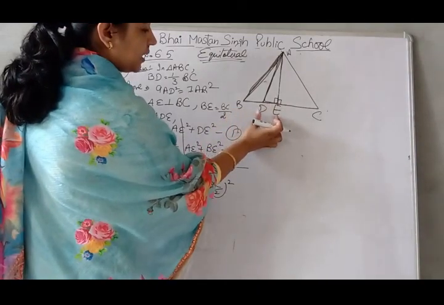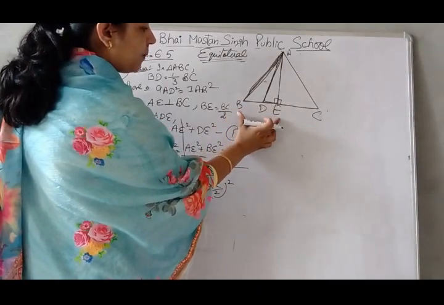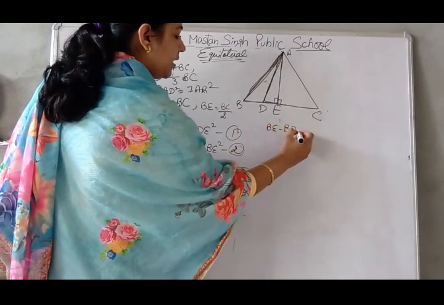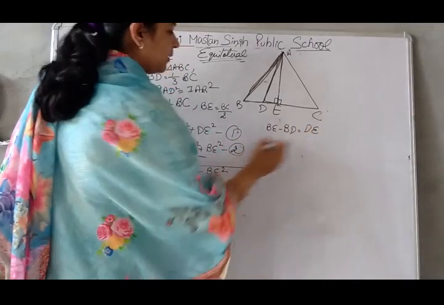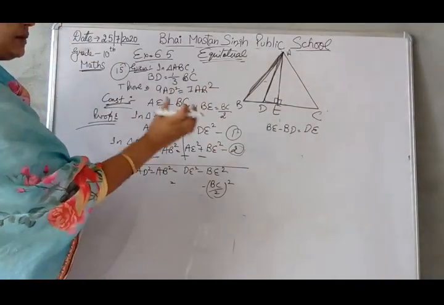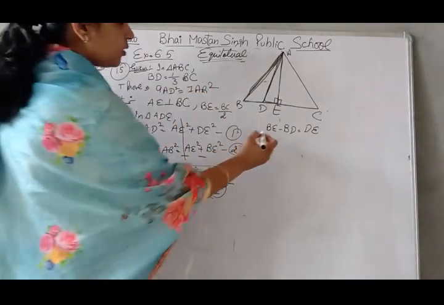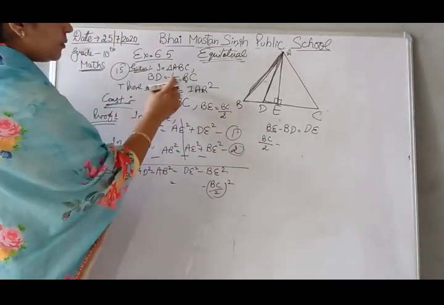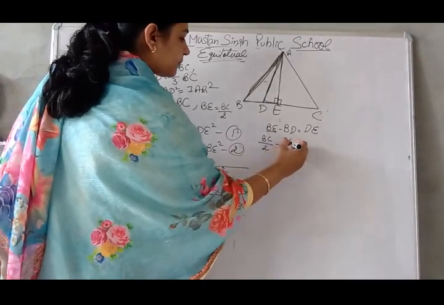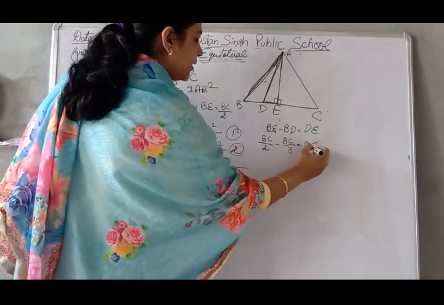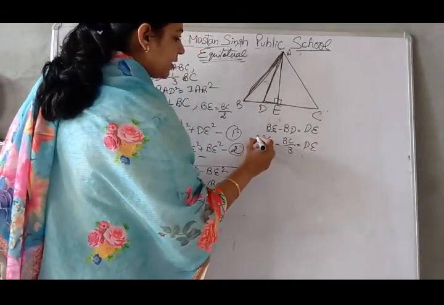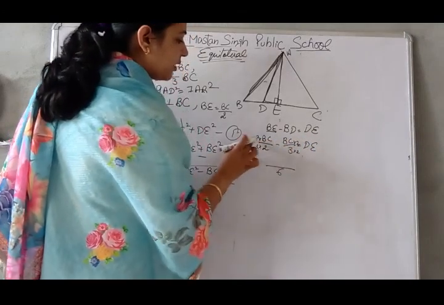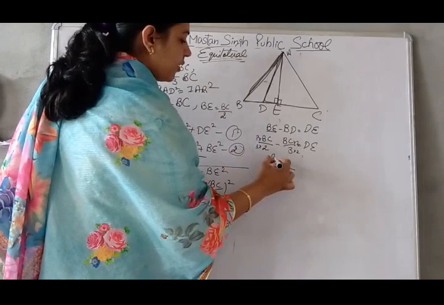Look at DE. If I subtract BD from BE, BE minus BD, I have the value DE. पूरी BE में से BD निकाल दी तो DE बच गया. तो BE की वैल्यू क्या है? BC by 2. BD की वैल्यू BC by 3 is equal to DE. By base same multiply by 3, multiply by 2, base same 6, upper side 3 BC minus 2 BC, 1 BC.